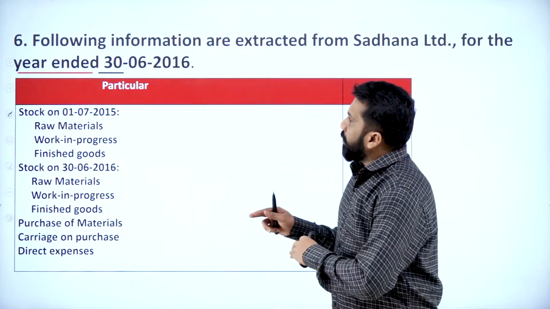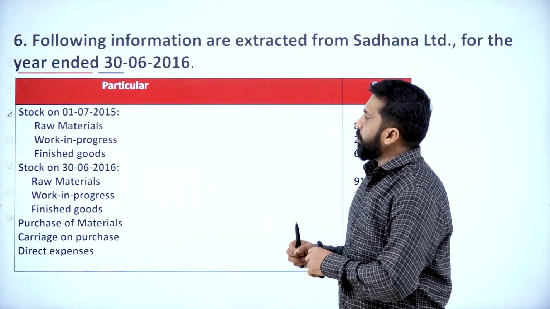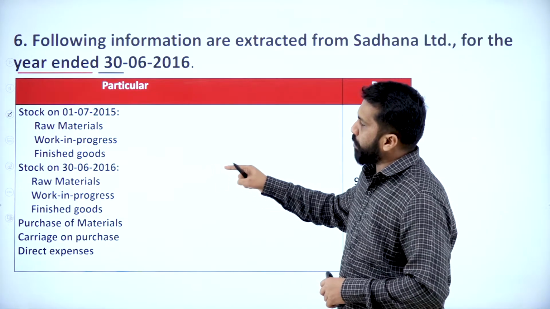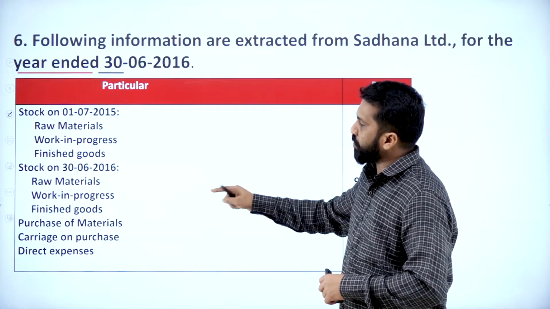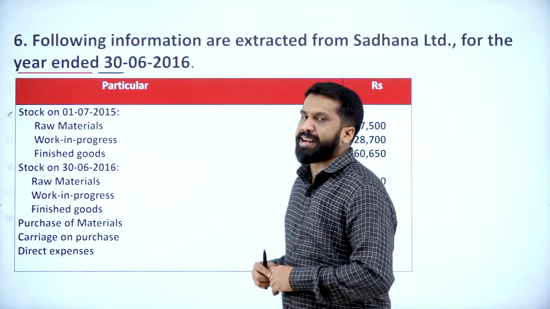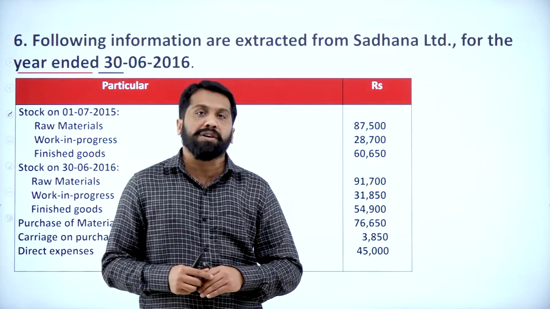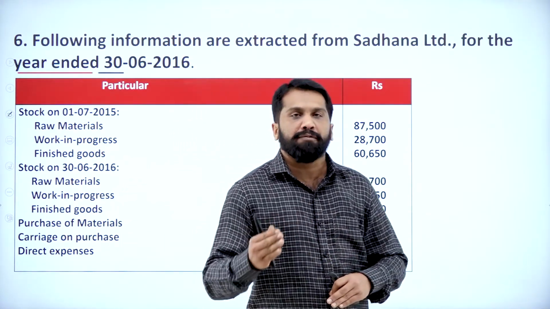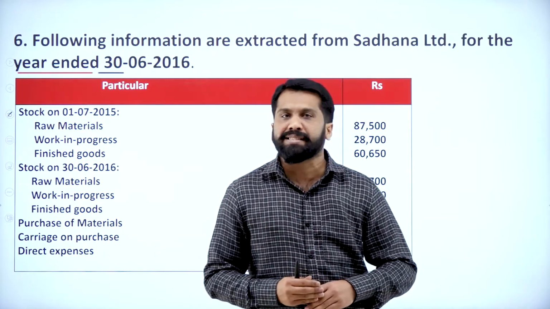Now, opening stock is there: raw material, work in progress, finished goods. Then closing stock of raw material, work in progress, finished goods, purchase of material, carriage on purchase, direct expenses. First, what we will do, we will classify which comes under prime cost, factory, office, as well as selling.